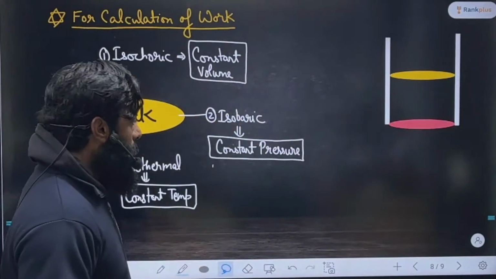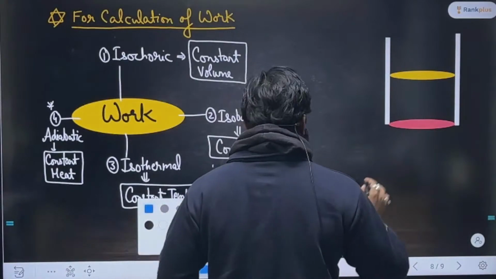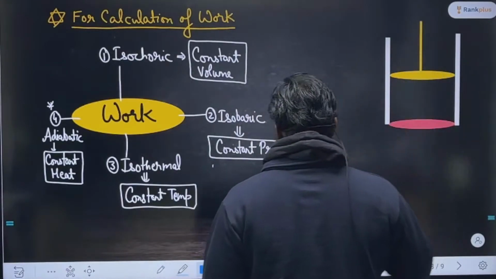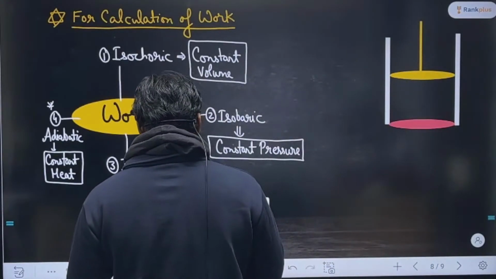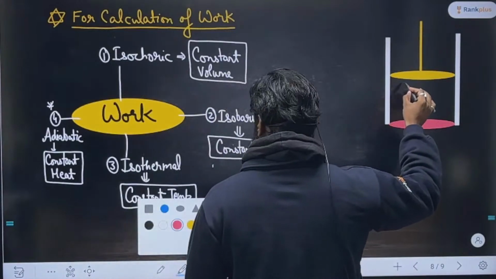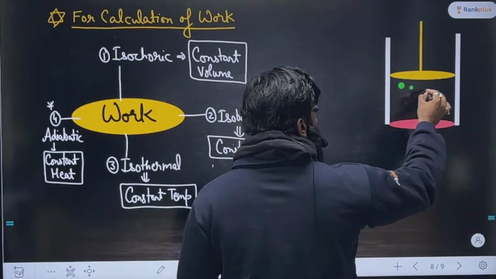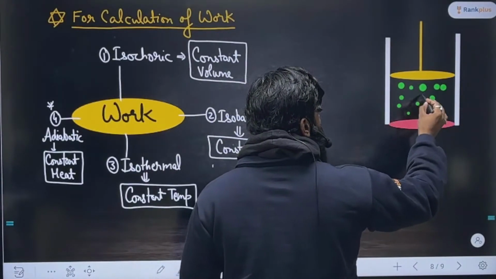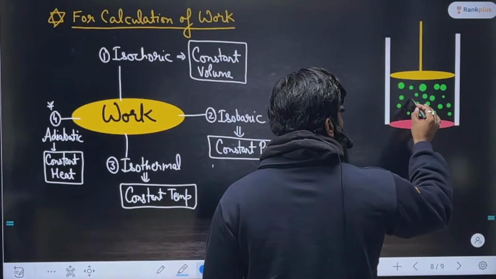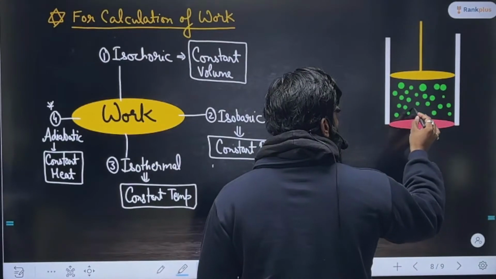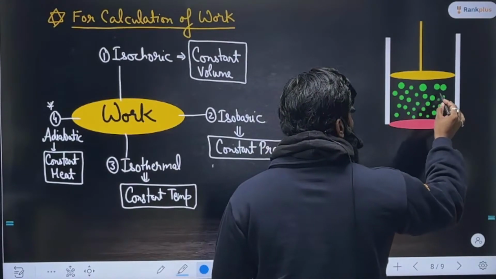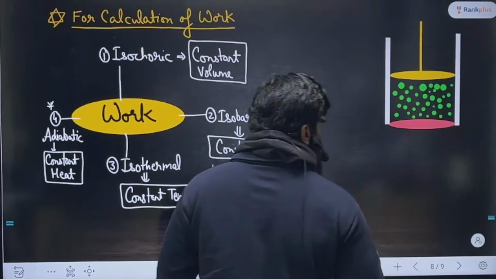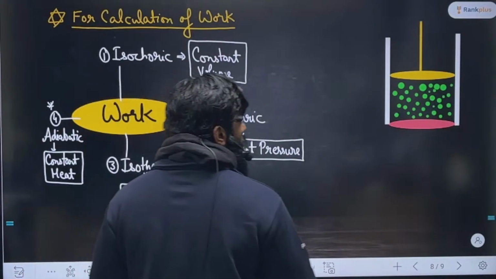So I'm considering that there is one system like this. There is a piston out there, and there are so many atoms here. Okay, so this is basically a cylinder, and this cylinder is having a height of h.